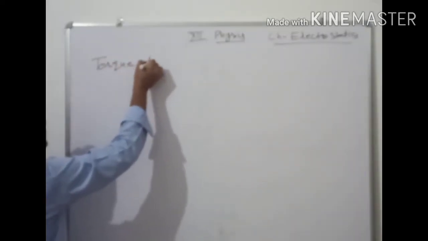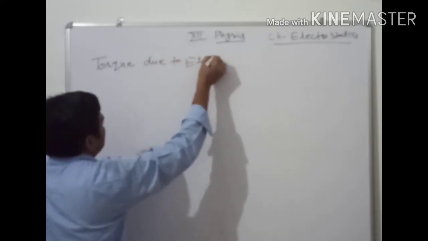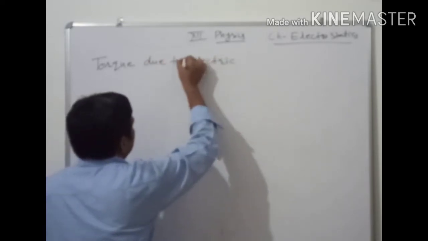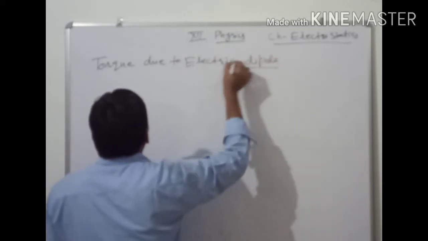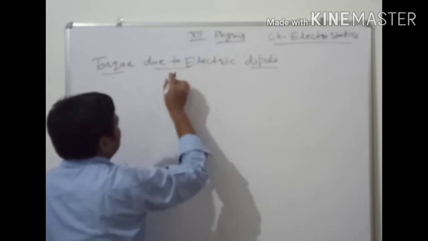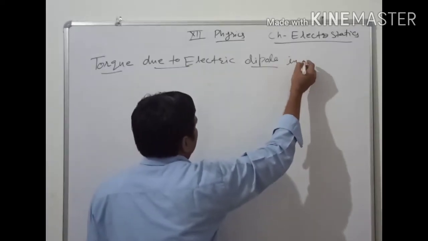Torque due to electric dipole. Okay, first thing we will discuss is the electric dipole in a uniform electric field.